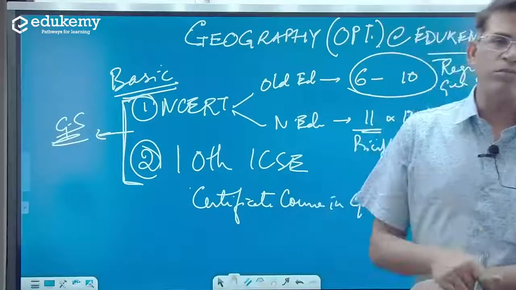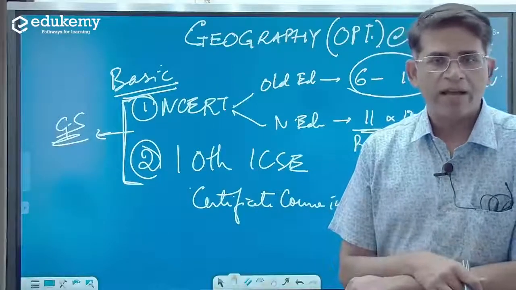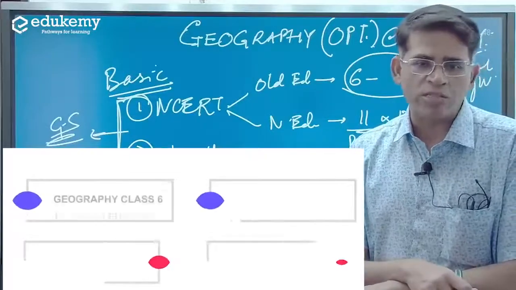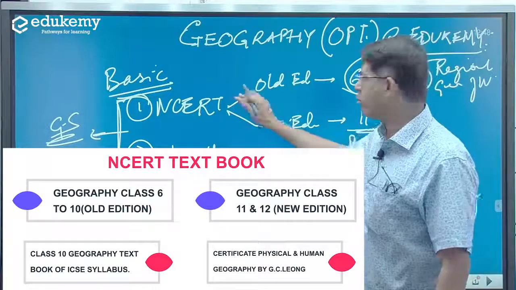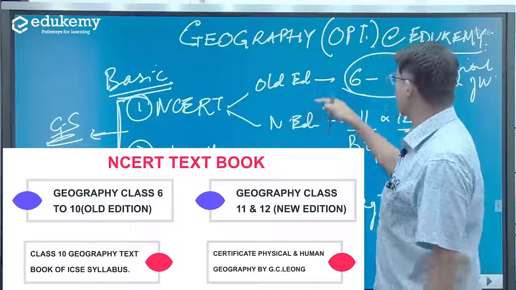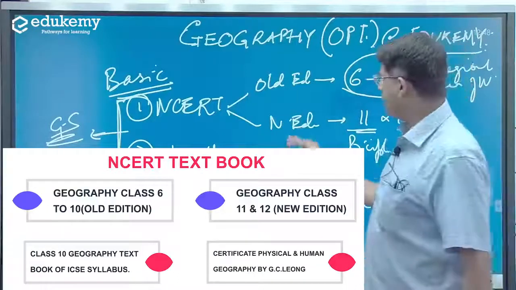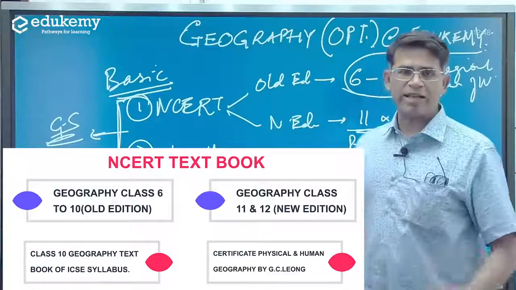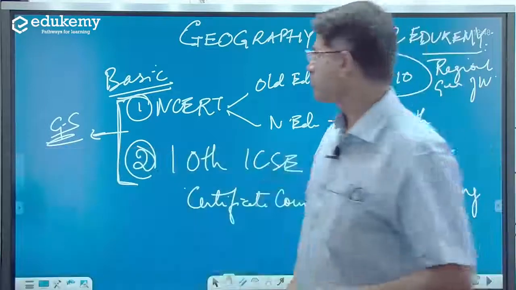I assume most of you will do GS on your own or whatever you have joined. In the near future, even Edukemy intends to launch some of these, but for now you are doing it on your own. NCERT textbooks, old edition 6th to 10th, more of world geography, and NCERT new edition 11th and 12th that takes care of Indian geography and some principles of general geography.